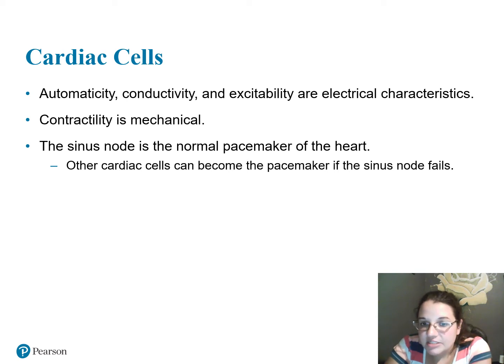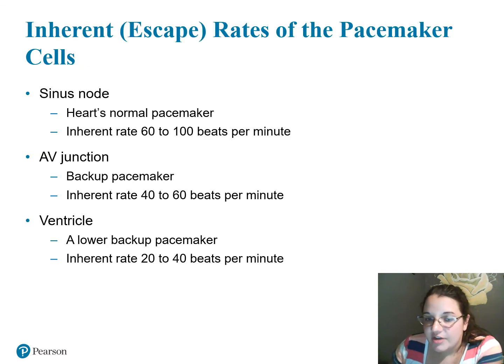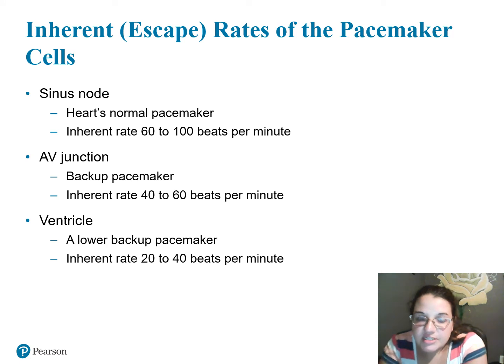Your sinus node is the normal pacemaker of the heart, and other cardiac cells can become the pacemaker only if the sinus node fails. The other pacemakers of the heart are your AV and your ventricles. Your sinus node, known as the heart's normal pacemaker, has an inherent rate of 60 to 100 beats per minute.